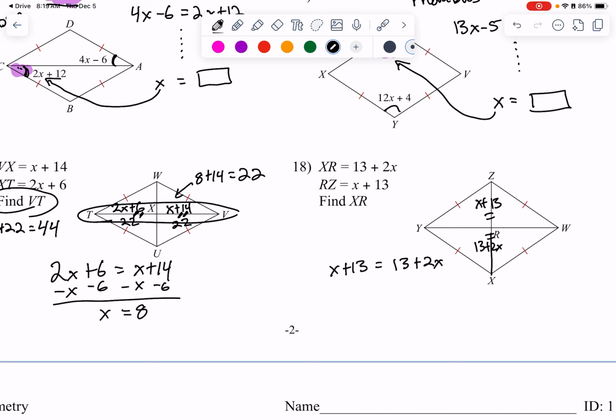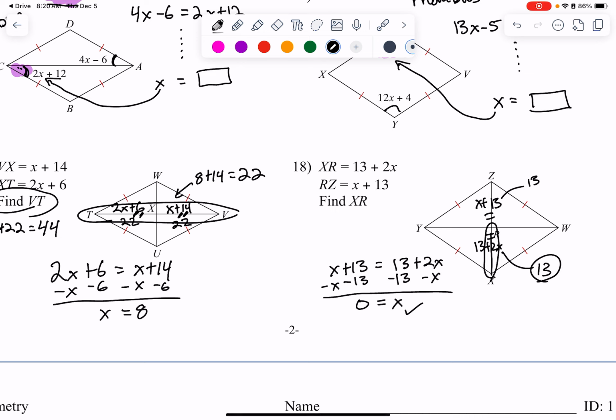This is where it does get a little weird. Watch what happens here. If I subtract x, subtract 13, I'm going to get something that feels like it shouldn't be correct. 0 equals x. Well, that's still correct, because if I were to plug in 0, then this top one would be 13, and the bottom one would be 13. So they're both 13. It's asking me to find XR, so we could just say, well, XR is 13.